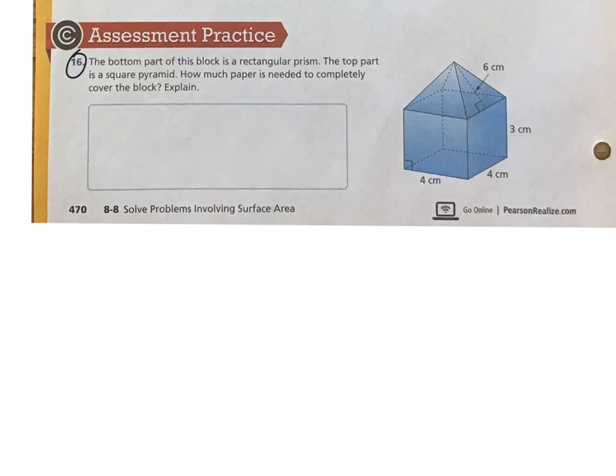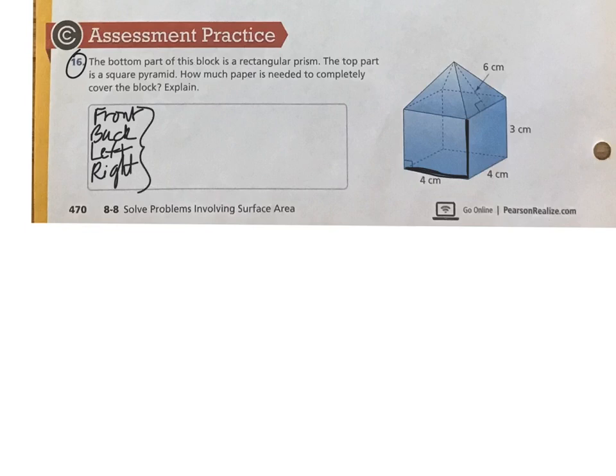Okay, if you start with the base, which is the rectangular prism block, you have each of them with dimensions of 4 centimeters across and 3 centimeters tall. So we have a front and a back and a left and a right side that are all the same.